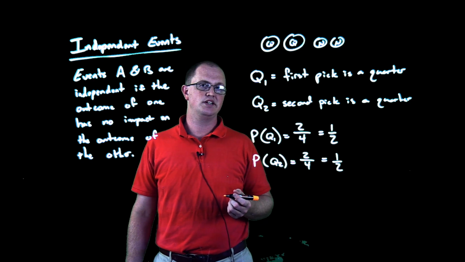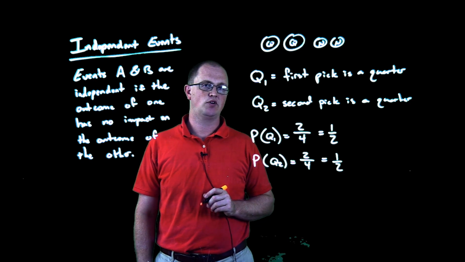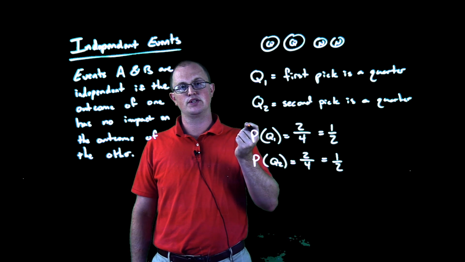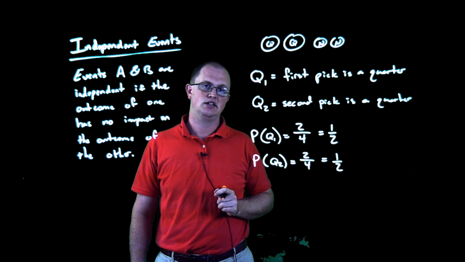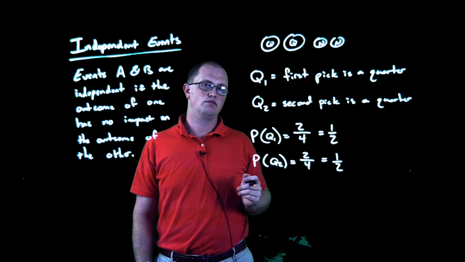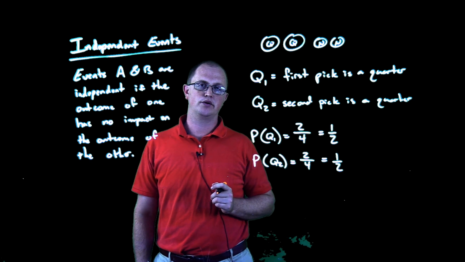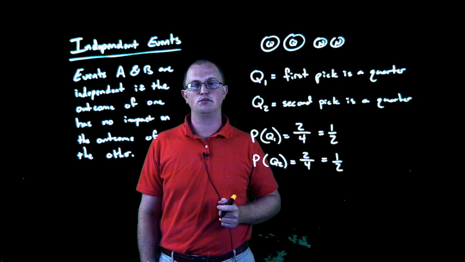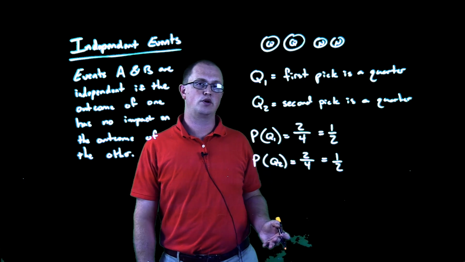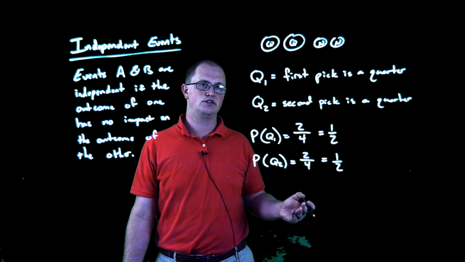What if she would have picked a nickel the first time? Right? If the first time she, instead of getting a quarter, she picks a nickel and she puts that back. Then the next time, her second pick, what's the probability of her getting a quarter? Well, it's still going to be 1/2 because there's still 4 coins in her pocket and 2 of those are quarters.